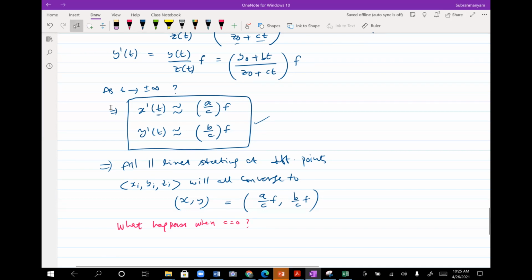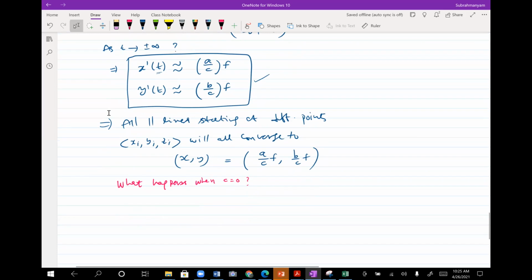What are the x comma y values going to become for c equal to 0? Infinity. Yes, infinity. That means they do not converge at all.